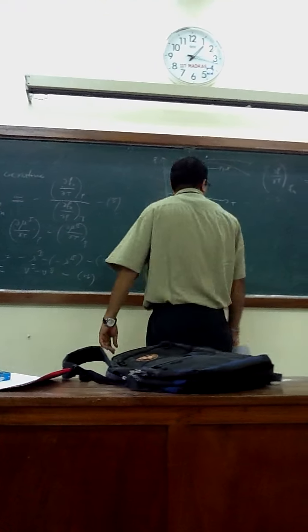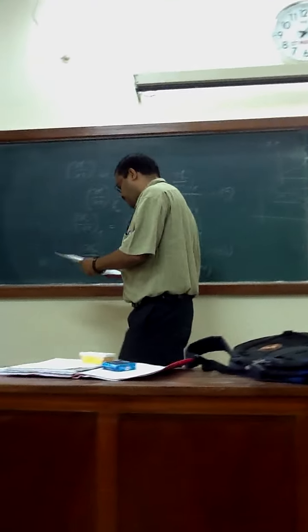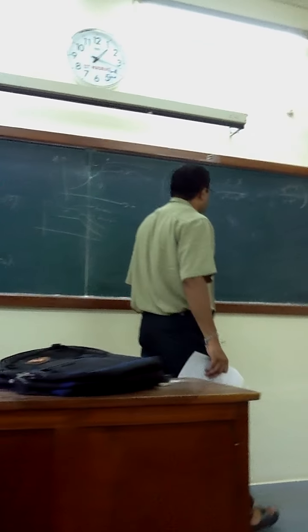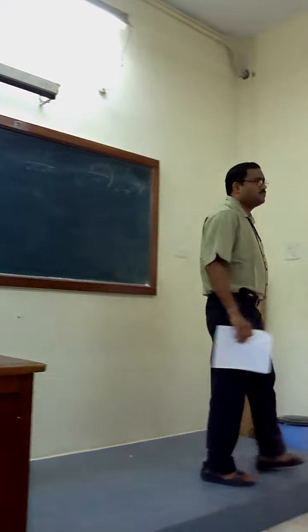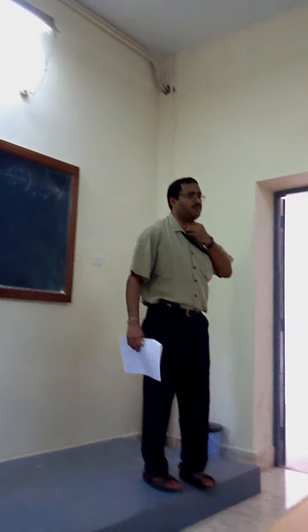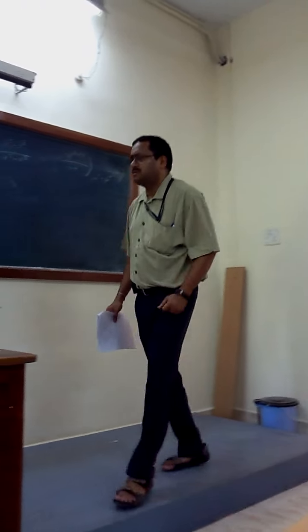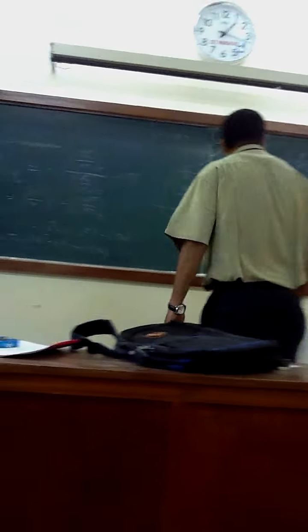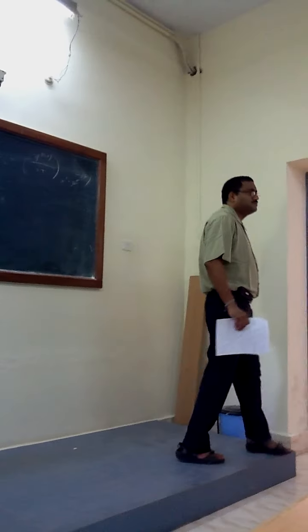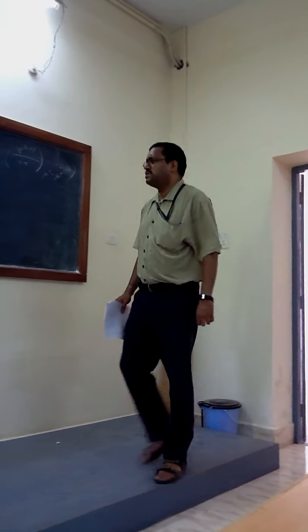Okay? So, how to estimate this quantity? S1 minus S2 and V1 minus V2. How to get it? Did you already derive the Clausius-Clapeyron equation? Yes or no? We have not derived the Clausius-Clapeyron equation. This is the fundamental.